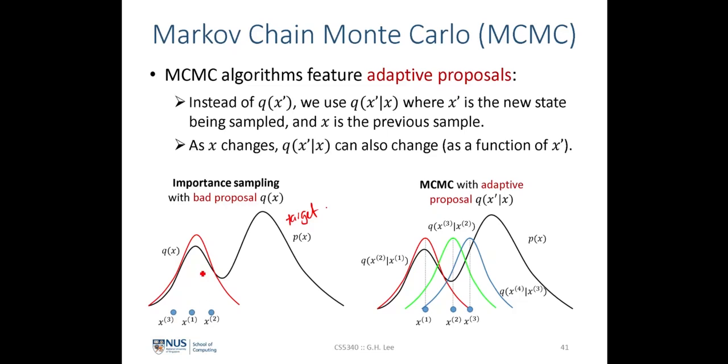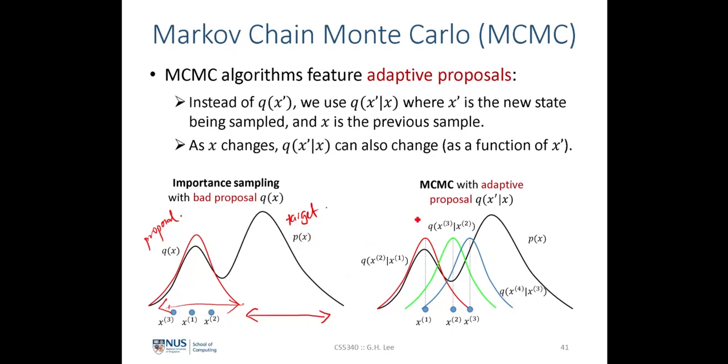What this means is that we'll end up drawing samples that are only able to model this particular region covered by our proposal distribution. All the regions not covered by our proposal distribution will not have any samples at all. As a result, we will not be able to draw samples that represent our target distribution with high fidelity.